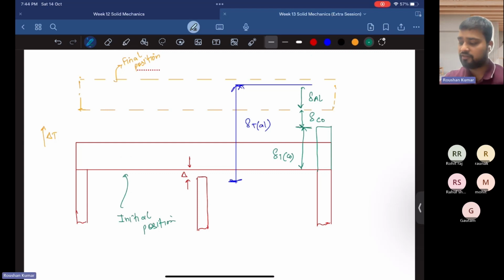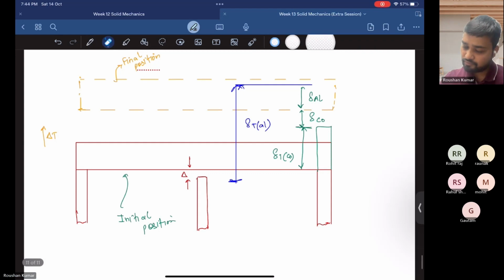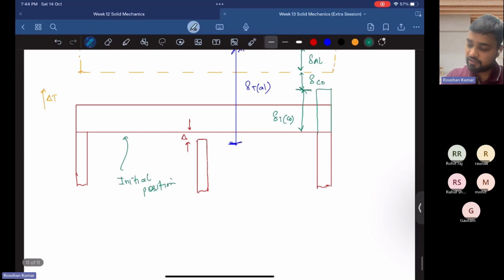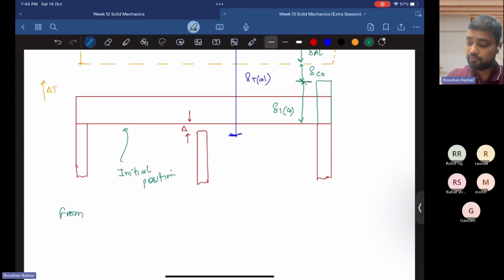Delta T of the aluminum is given as delta T of the copper plus delta of the copper minus delta of the aluminum. So this is the total change in length due to temperature change in the aluminum bar.